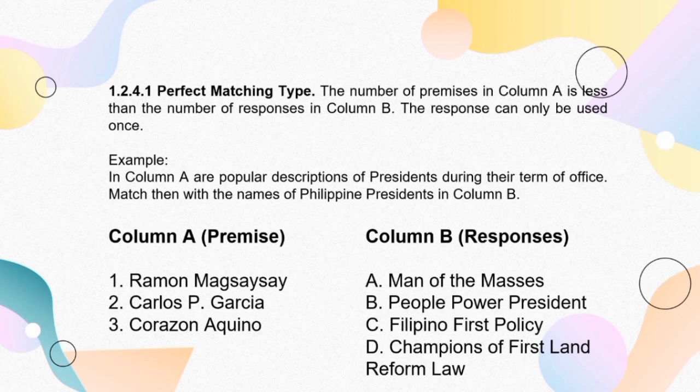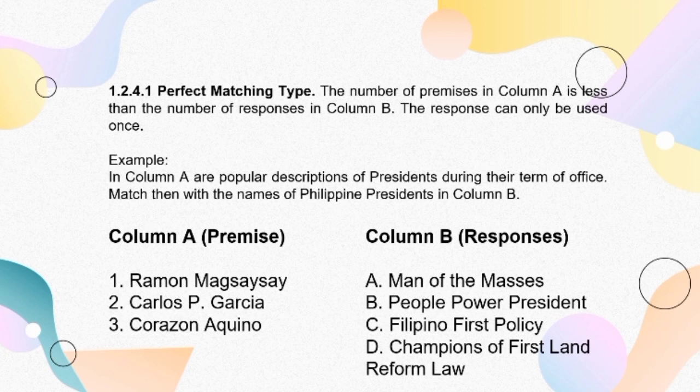Perfect matching type. The number of premises in column A is less than the number of responses in column B. The response can only be used once. Example: in column A are popular descriptions of presidents during the term of office. Match them with the names of Philippine presidents in column B. Column A, premises.